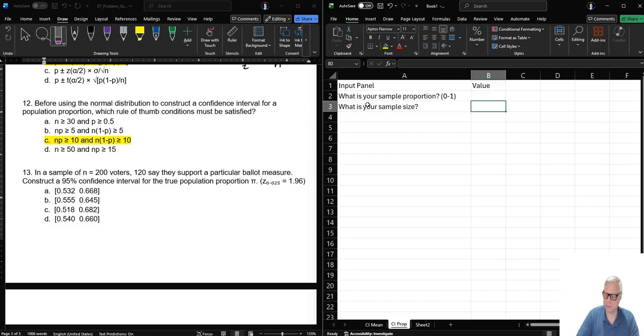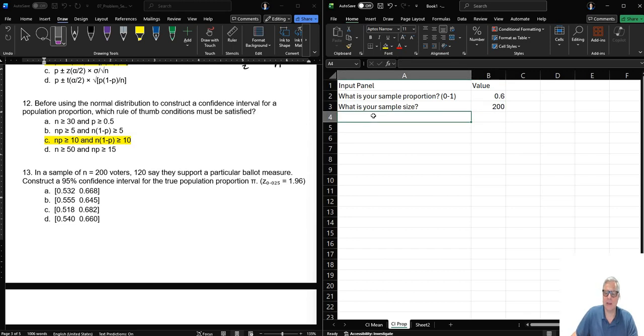Okay, so here this is 200. And then 120 say they support a particular ballot measure. So now the proportion that we enter is 120 divided by 200. So we have a proportion of 0.6.